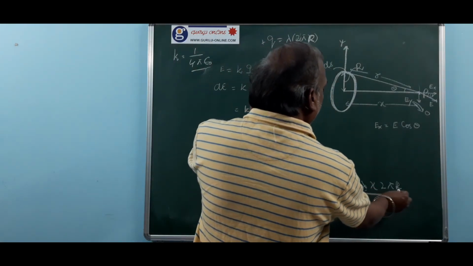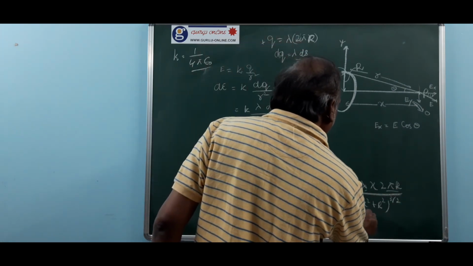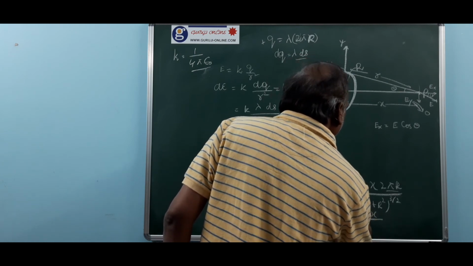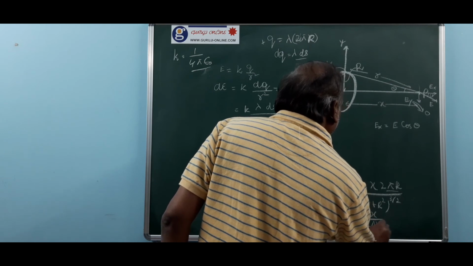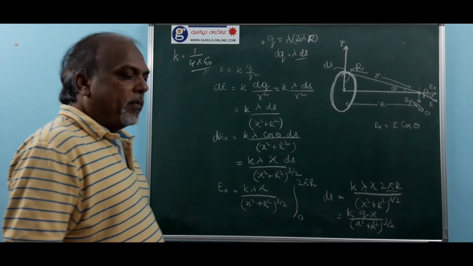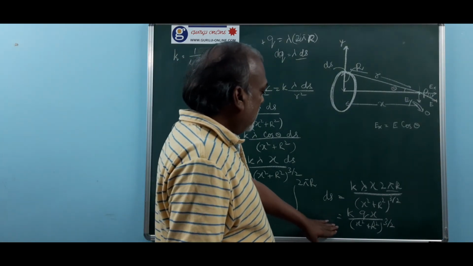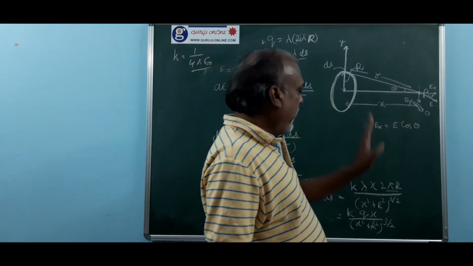Because lambda into 2 pi r is nothing but your total charge, in terms of total charge also this can be written. So this is basically the electric field due to this ring at point P.